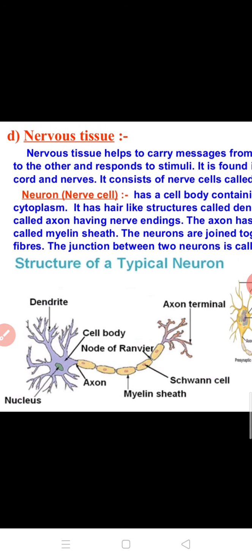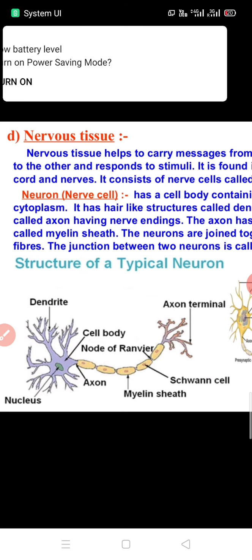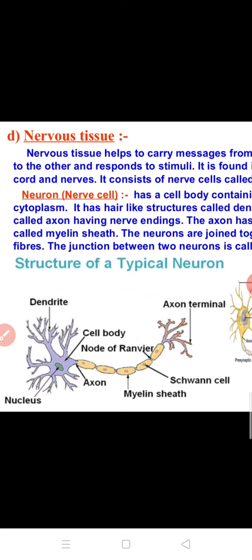This is the cell body, from which long thin hair-like parts arise. Usually each neuron has a single long part called the axon and many short branched parts called dendrites.